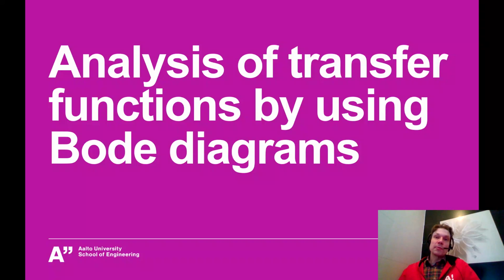If you draw something manually nowadays, you quite quickly check it with MATLAB that everything went okay, and numerical methods are overruling or dominating over manual methods. But still it would be good to have some type of insight into how different systems behave at low frequencies and high frequencies.